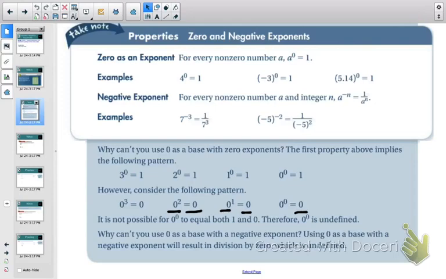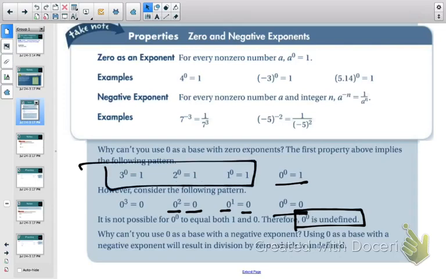Well, 0 to the 0 can't be 1 and 0. That's why we say 0 to the 0 is undefined. Okay, so this rule right here works for any number that is not 0. The only one it doesn't work for is 0. 0 to the 0 is not 1, it is undefined.